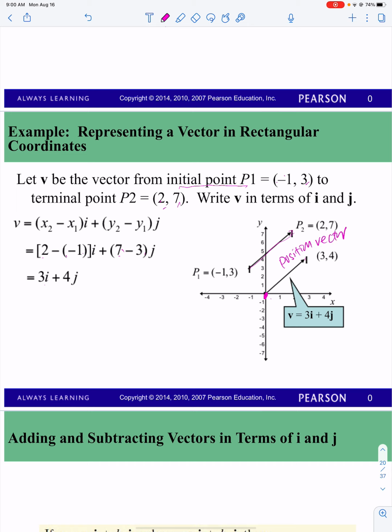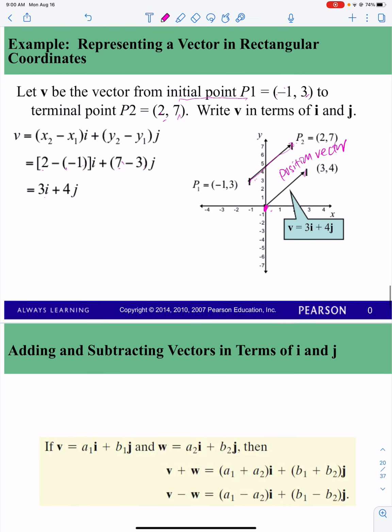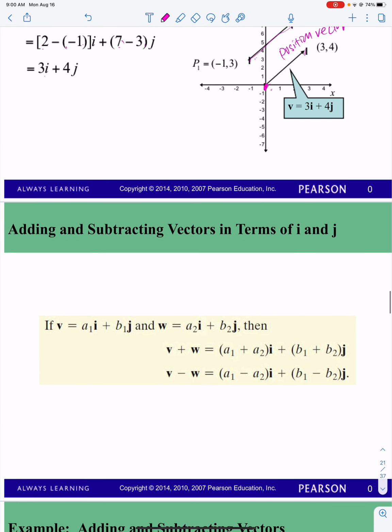And these two vectors are exactly the same, because they have the same magnitude and the same direction. This P1P2 gives you a vector, and this vector starting from the origin is called the position vector.